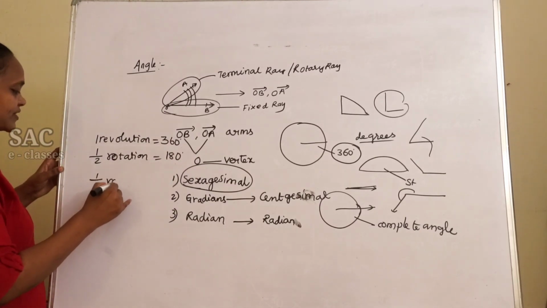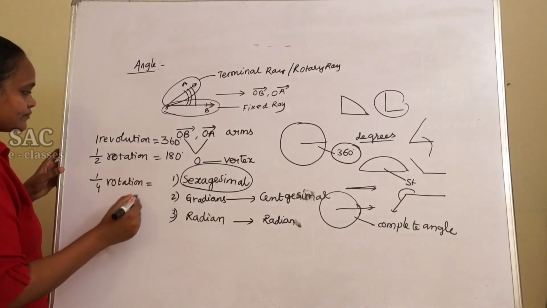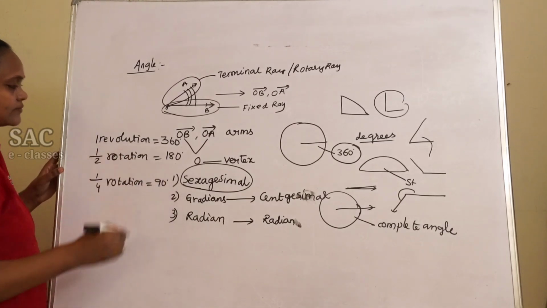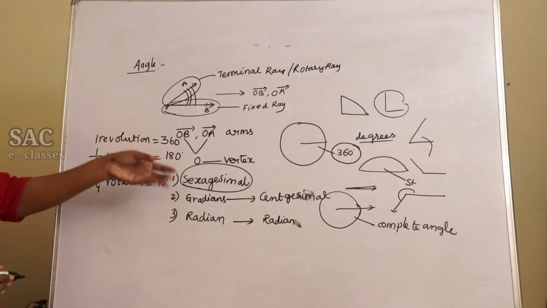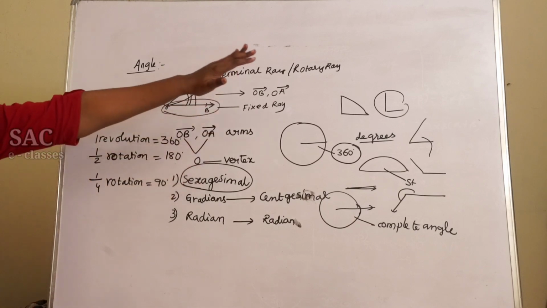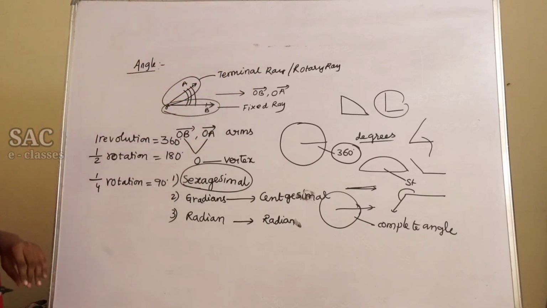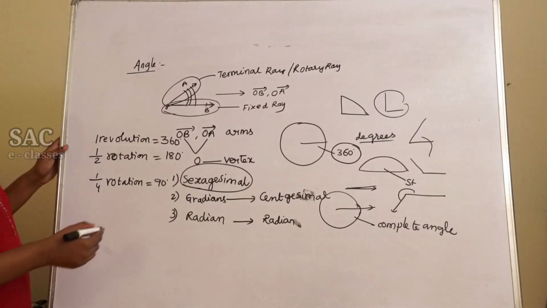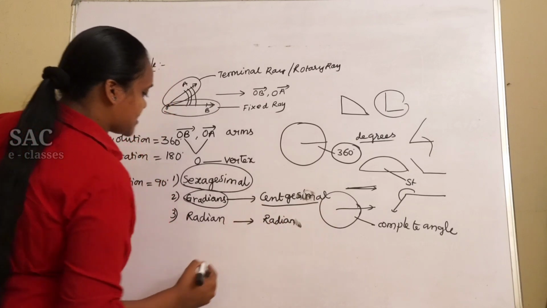One fourth of the rotation, which is the right angle, is 90 degrees. This is about the sexagesimal system. Nothing new, but you have learnt the name of the system of measuring an angle in degrees. The second thing is about gradients, the centesimal system.